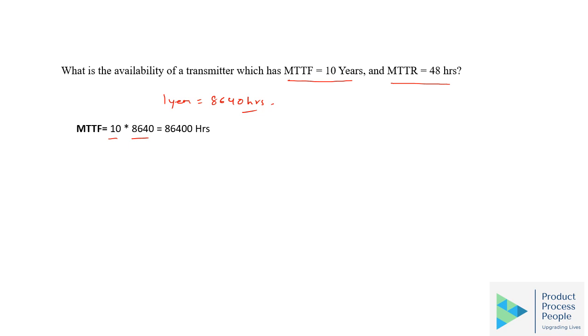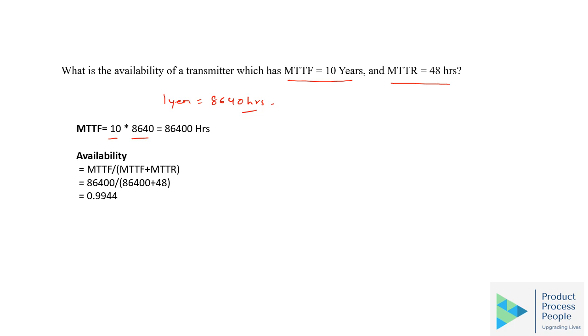So MTTF will be 86400. Now the availability is MTTF divided by MTTF plus MTTR. So MTTF is 86400 divided by 86400 plus 48. So it will come out to be 0.9944.